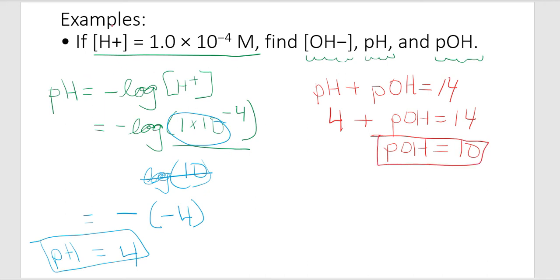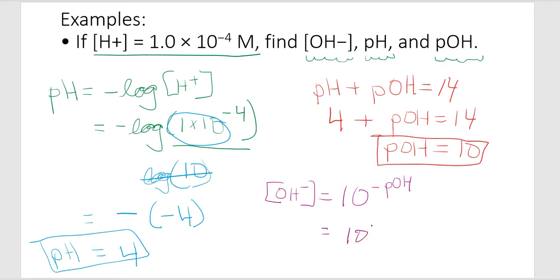And then the last part I need to find out is how much hydroxide do I have? And so my hydroxide is going to be OH minus in brackets, so that's the concentration of it, and it's going to be 10 raised to the negative pOH. Right, so we're going to plug in 10 to that pOH because that's what we just solved for.